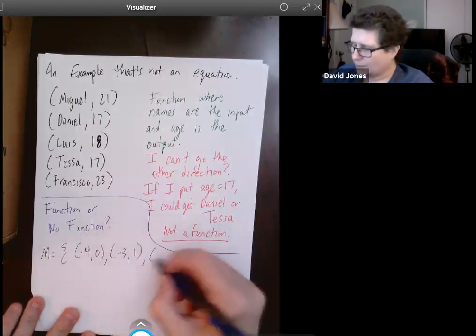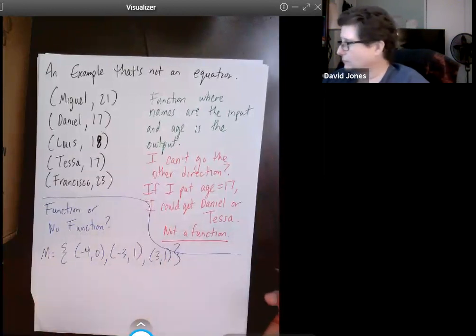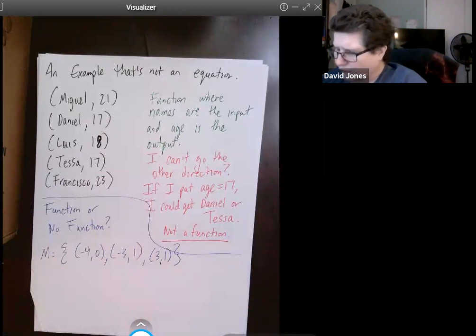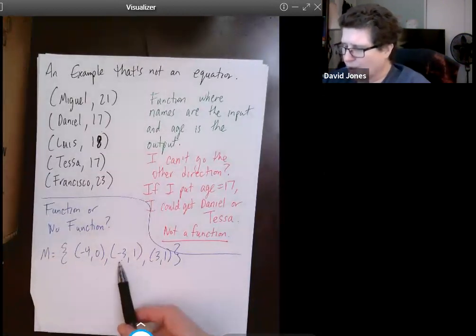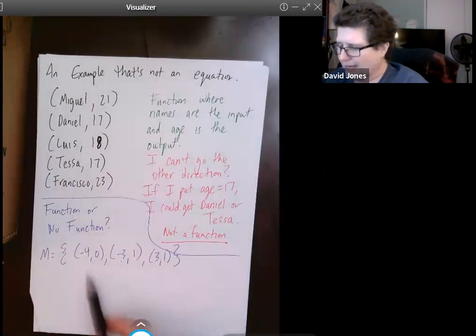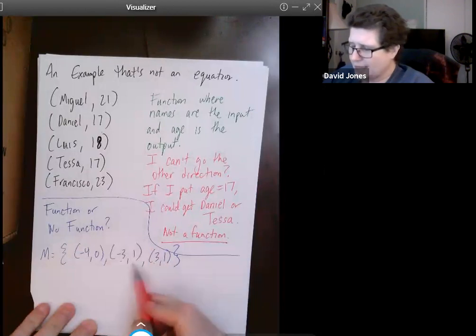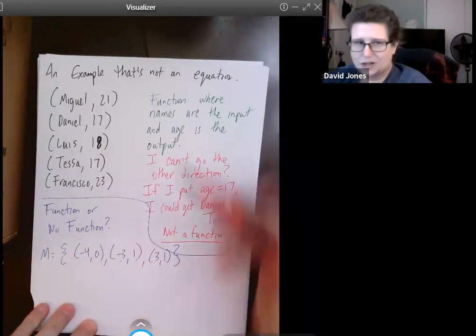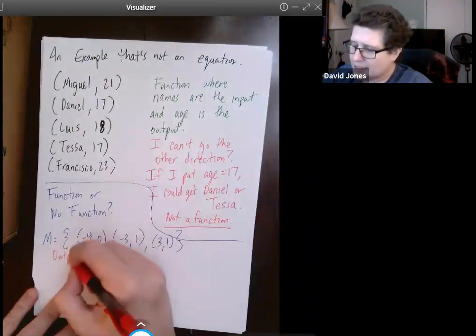And I've got 3, 1. So for each input, -4, -3, 3, I only have one output. This is a function. Even though the output gets repeated, like age up here got repeated, outputs can be repeated, so this is a function.